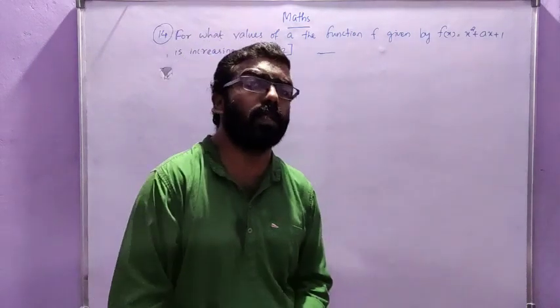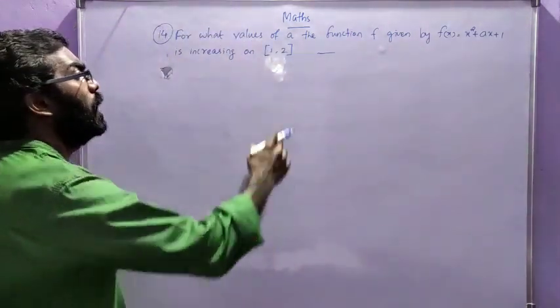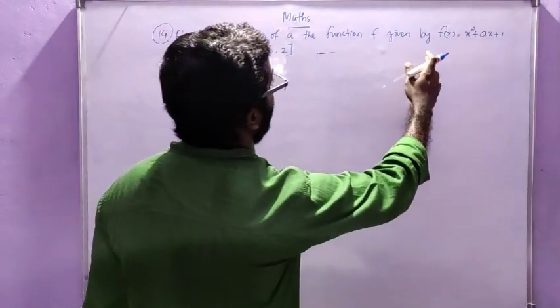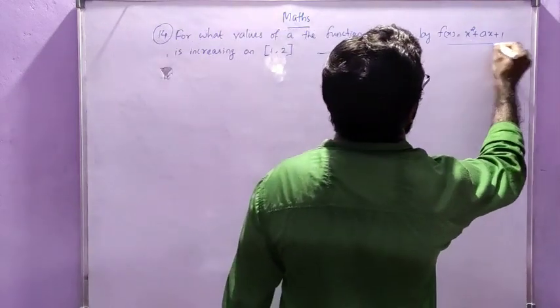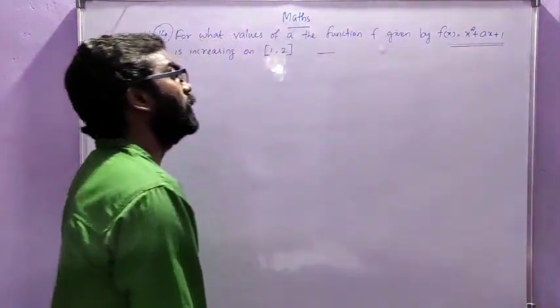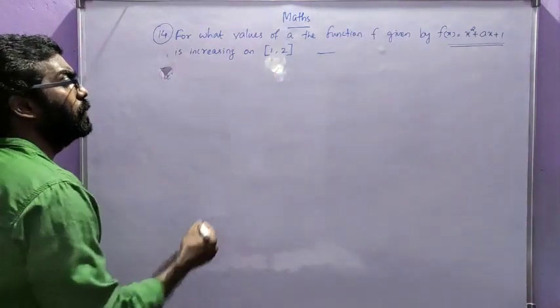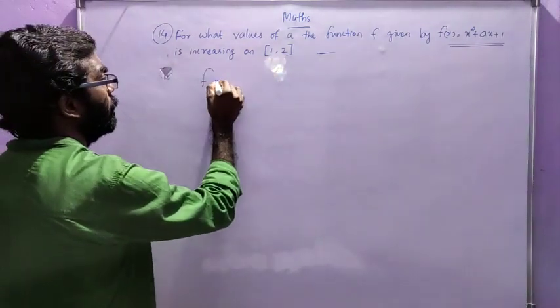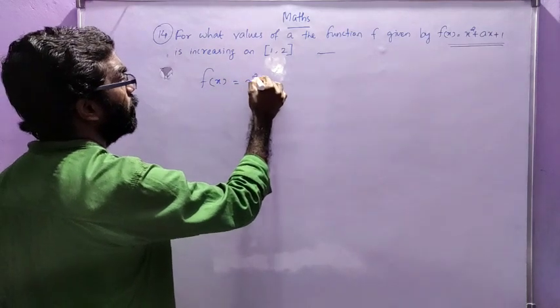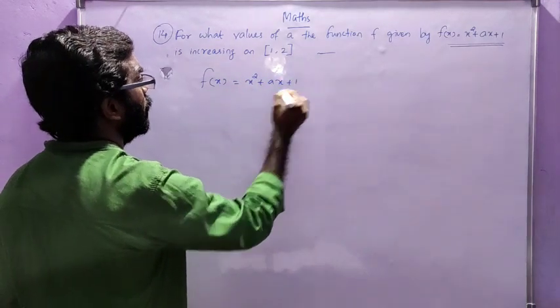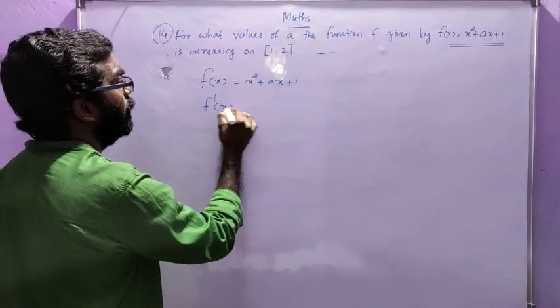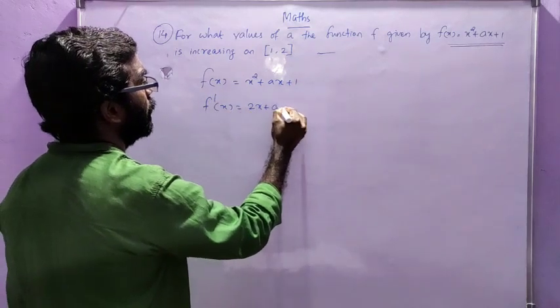Now we move on to question number 14. For what values of a is the function f given by f of x equal to x square plus ax plus 1 increasing on the closed interval 1 comma 2. So here f of x is equal to x square plus ax plus 1 and f dash of x is equal to 2x plus a.